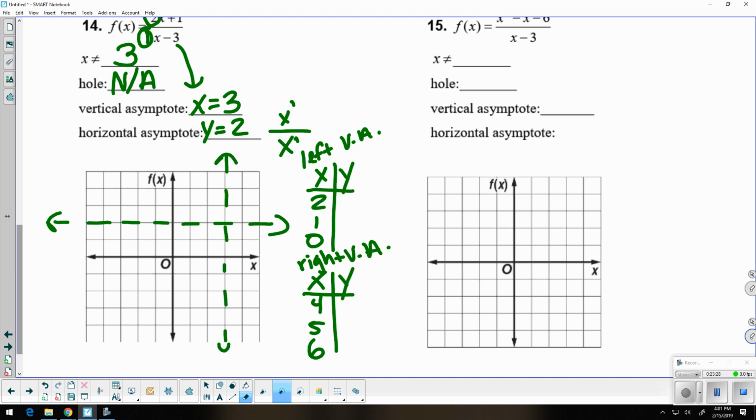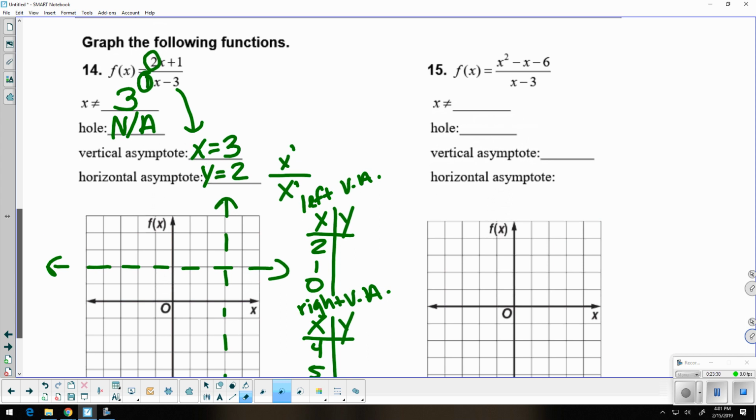Now just plug them into the function and solve for the y. When you plug in 2 for x, you're plugging in everywhere you see an x, so you're going to have y = (2 times 2 plus 1) over (2 minus 3). That gives you 4 plus 1 on top, which is 5, and then I have 5 over -1, so -5.